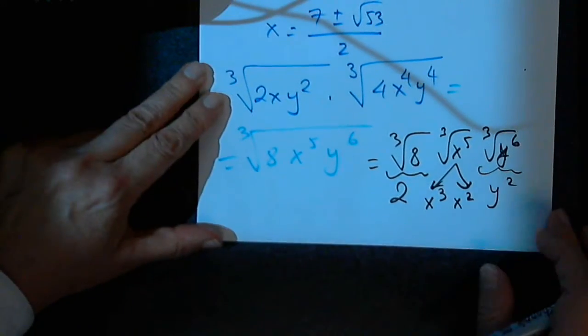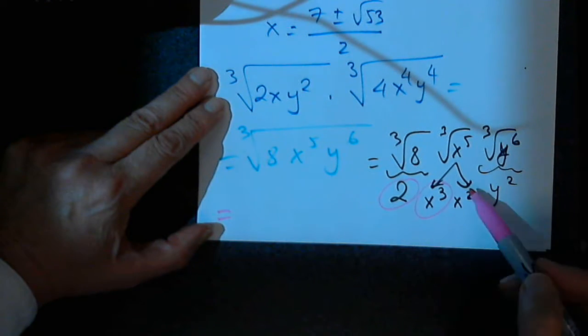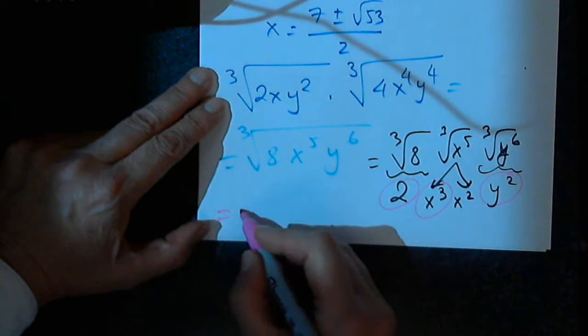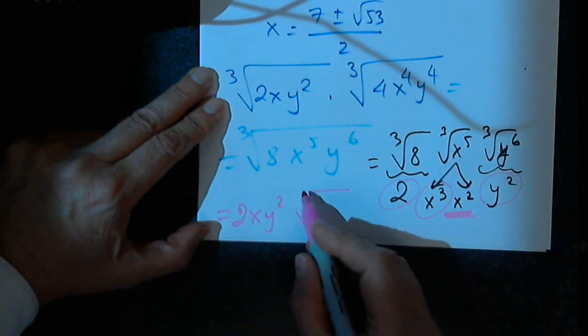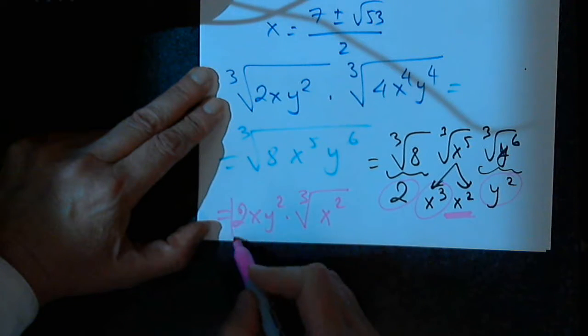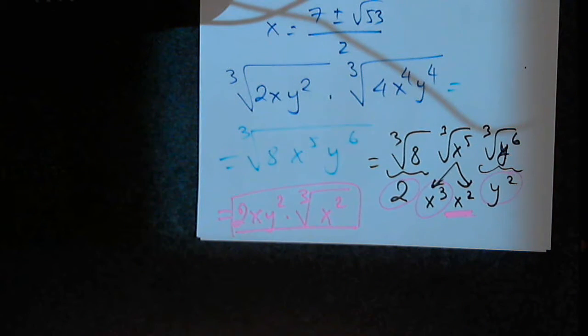So then I will write this, this, and this. 2xy squared, and this has the cube root of x squared, indeed. So let's pass this up.